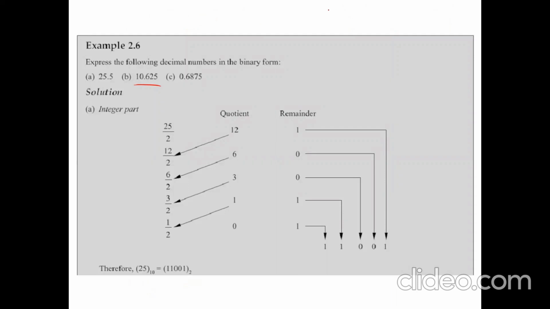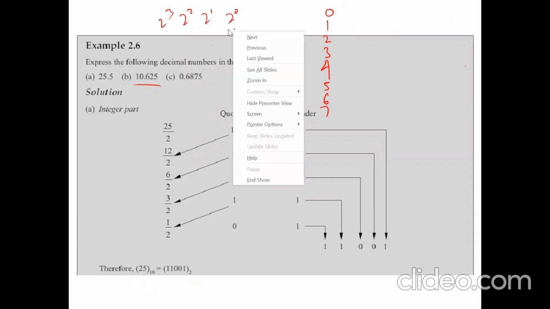We have the octal number system as 0, 1, 2, 3, 4, 5, 6 and 7. They have equivalent binary numbers. We can write them with the weights. The weights are 2 raised to 0, 2 raised to 1, 2 raised to 2, 2 raised to 3. 2 raised to 0 is 1, since anything raised to 0 is 1.